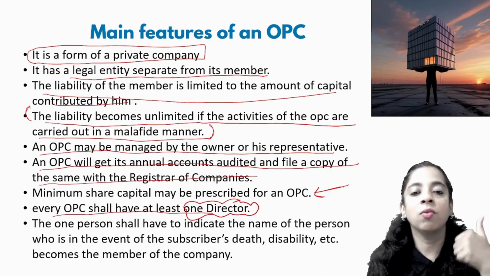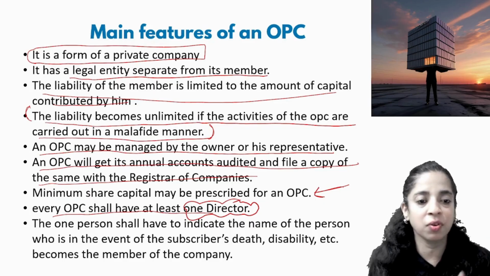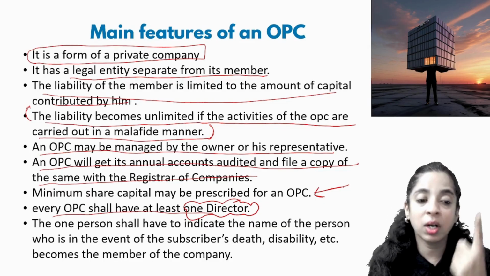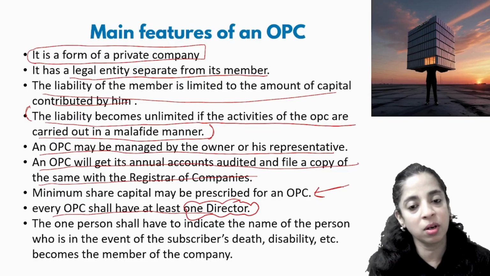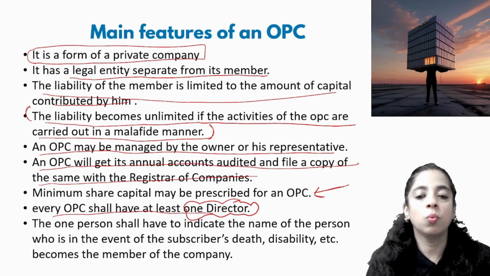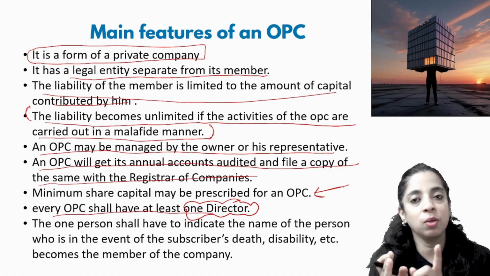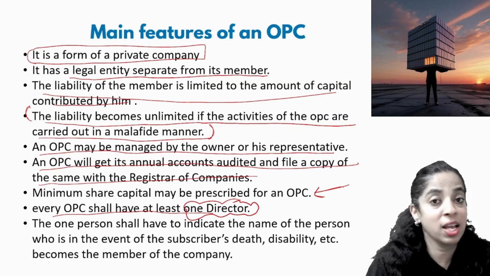Annual accounts have to be audited and submitted to the registrar of companies. It shall have at least one director. Minimum share capital may be prescribed for an OPC, not compulsory. And one person will have to nominate someone. Nomination has to be there.